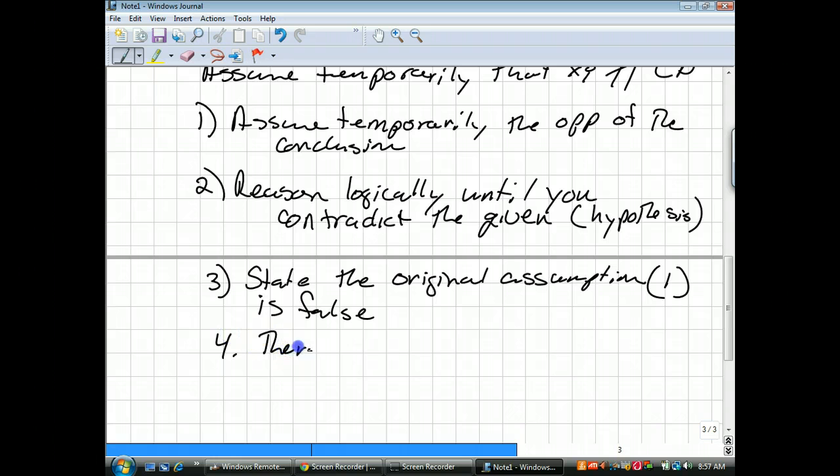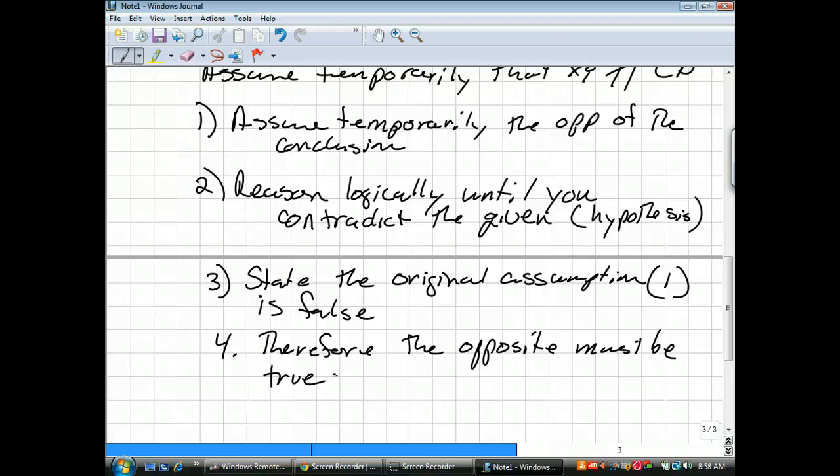And therefore, the opposite must be true. Okay? So indirect proof has basically those main steps.